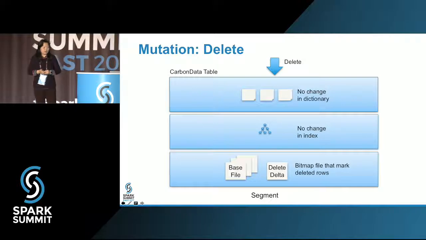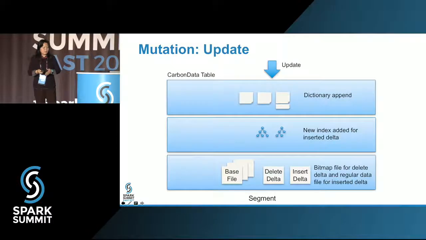Basically, it's a bitmap file that just marks which rows are deleted. Then during query time, you first scan the base files. After that, you consult the bitmap file to exclude the rows which are deleted and no longer exist.